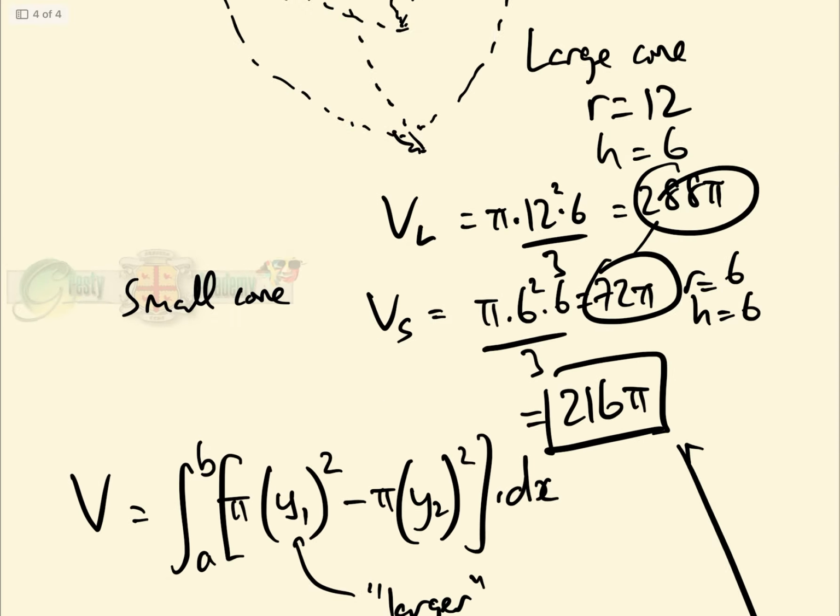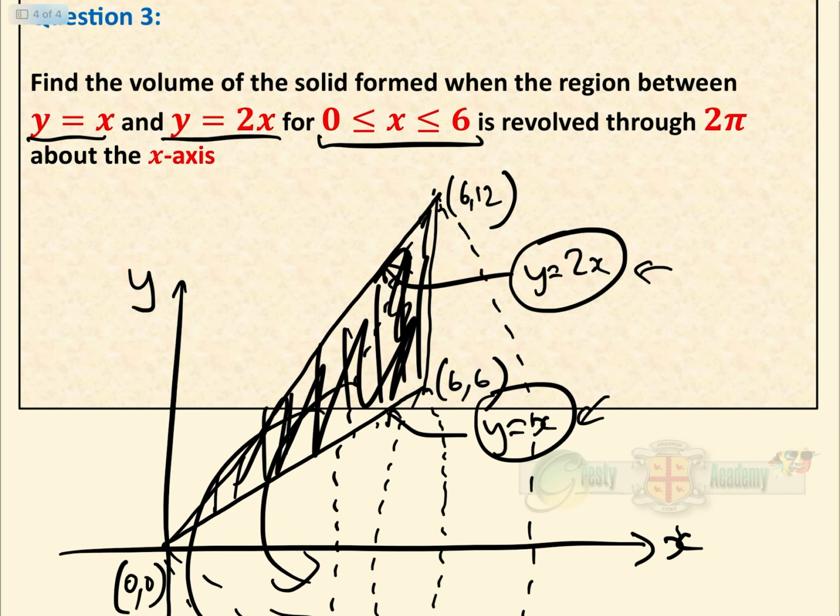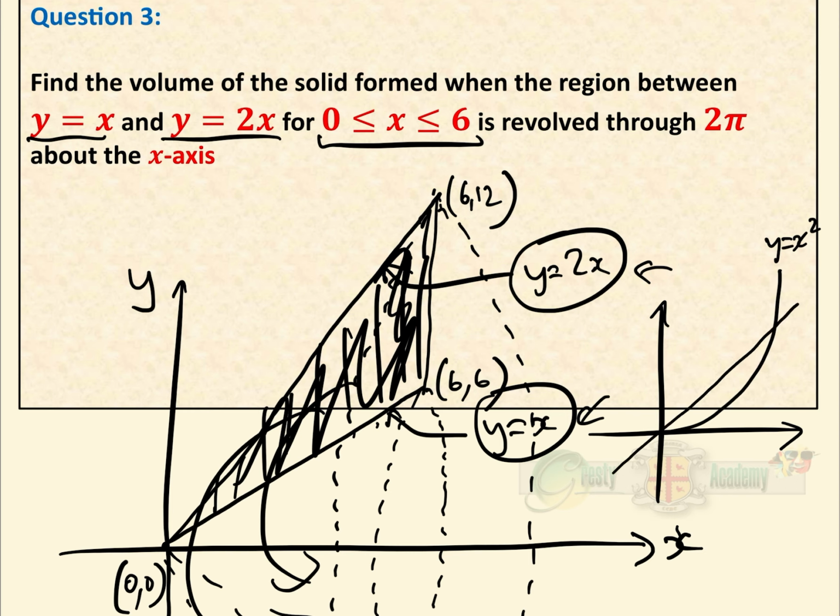Now, just one other thing. Even though we used straight lines as our functions, it really isn't much more complicated if we don't use straight lines. Say, for example, one of the common ones is y equals x squared here and y equals x here, and they want you to rotate the region enclosed between these two.